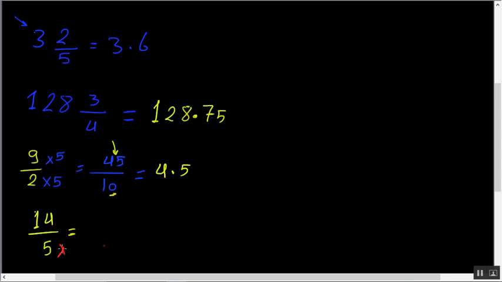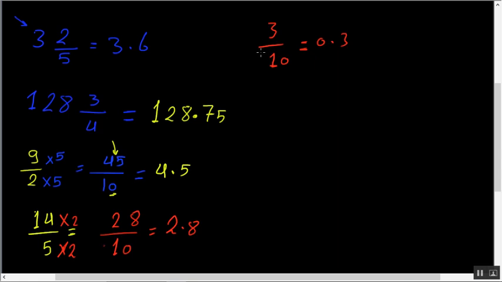We look at the denominator, we'll say 5 times 2, and here also times 2. 5 times 2 equals 10, and here 14 times 2 equals 28. So 28 over 10. What's the meaning of 28 over 10? It will be 2.8. Here, if he said 3 over 10, in decimal form it will be 0.3. We didn't have any whole, so it will be 0.3.